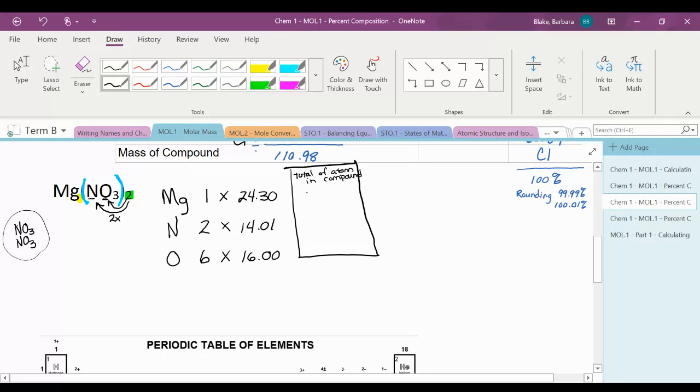So 1 times 24.30 is going to give me 24.30. And 2 times 14.01 is going to give me 28.02. And 6 times 16.00 is going to give me 96.00. And these are the numbers that I'm going to fill into the top part of that formula to find the total mass of the compound.